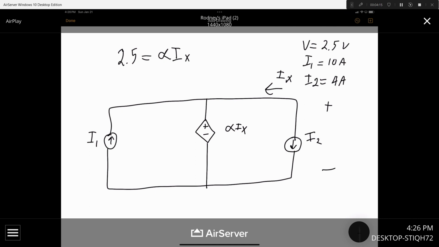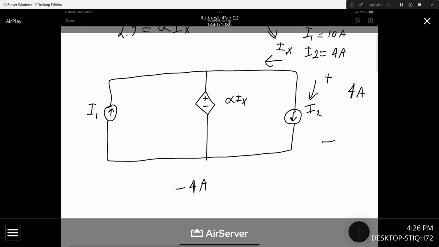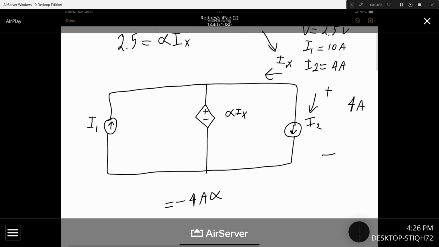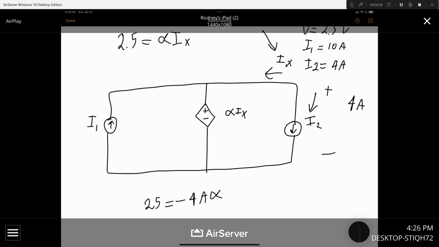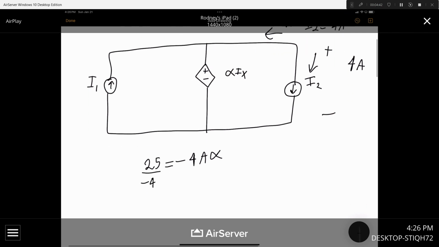Well, we know the current here, which is 4 amps, and then we see that there's an opposing current going in the other direction right here. We can say that that is negative 4 amps times alpha. Can't draw it very well. Equal to 2.5. We can divide by the negative 4, and now we have alpha: 2.5 divided by negative 4.